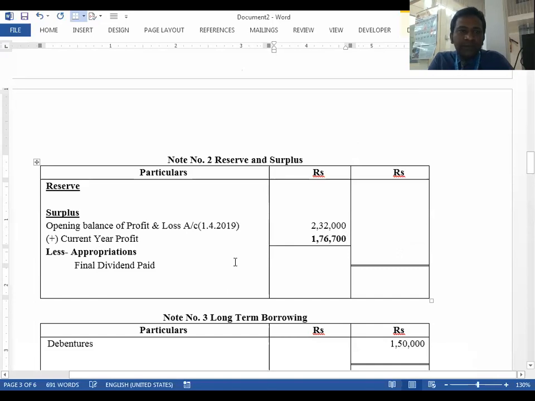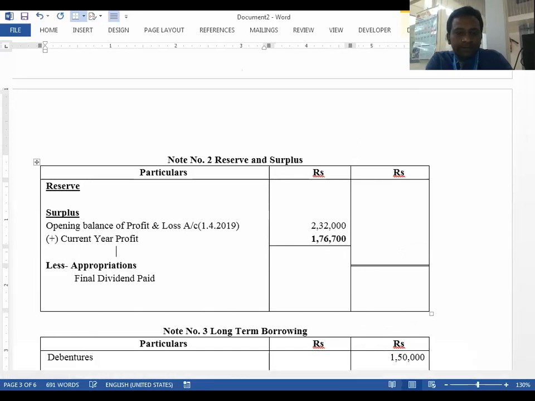Now totaling, this is total profit. 2,32,000 plus 1,76,700, that is 4,08,700.